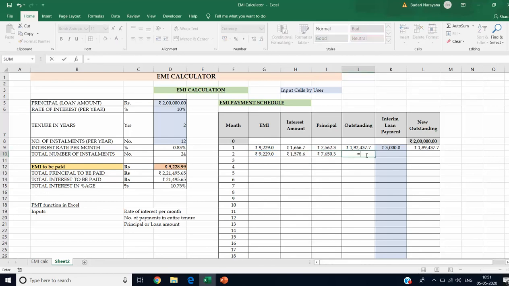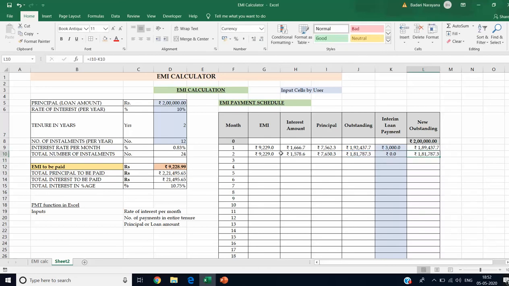The outstanding amount will be the previous new outstanding amount minus the principal I presently gave back. So this will be the outstanding for that month. If I don't have any plans to repay in that month, it's 0. So the latest outstanding for that month is this particular outstanding minus the amount that I paid.